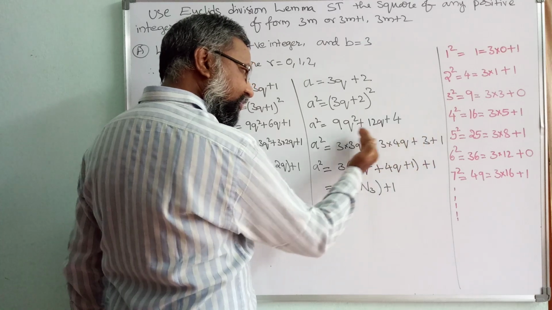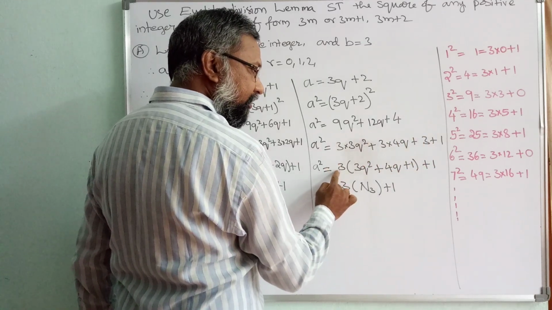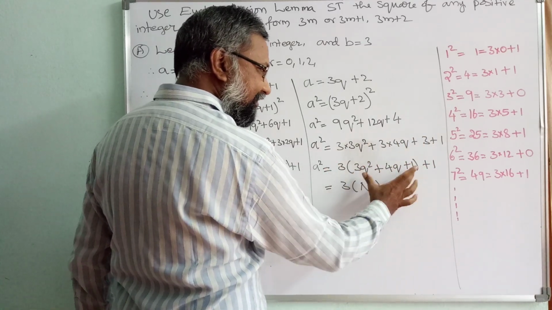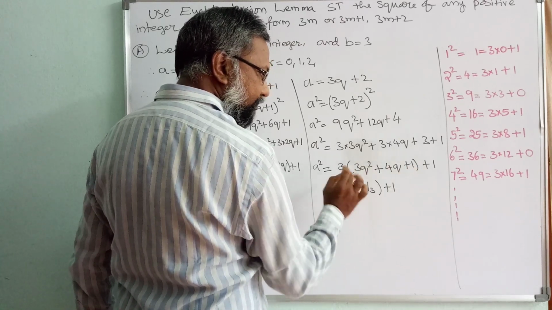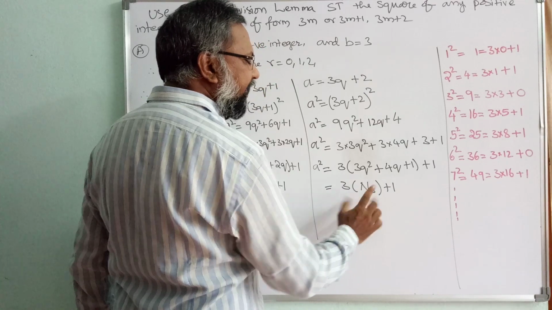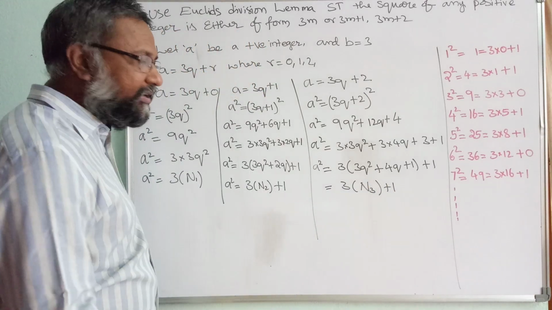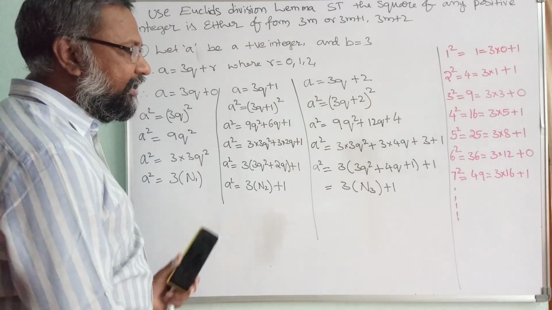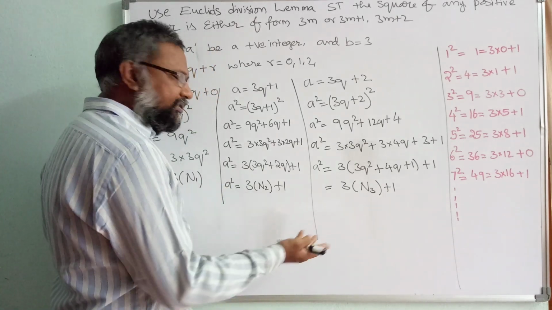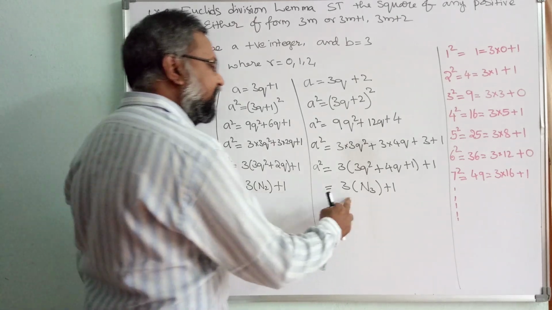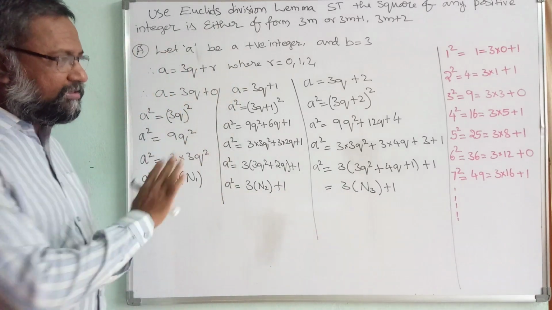Now you can take the 3 common, so you get 3 times some number. Therefore the form is 3n2 plus 1. That means 3n, where n is some number, 3n plus 1, but here 3n plus 0.